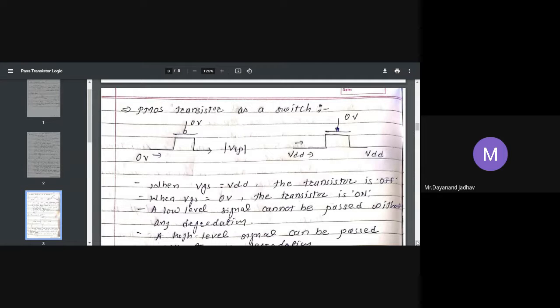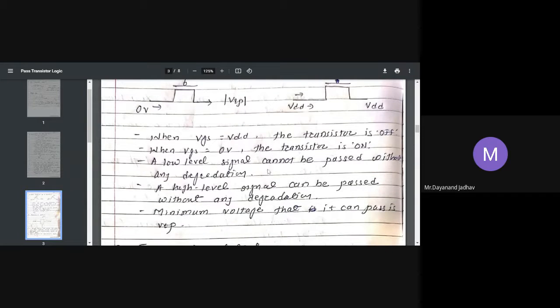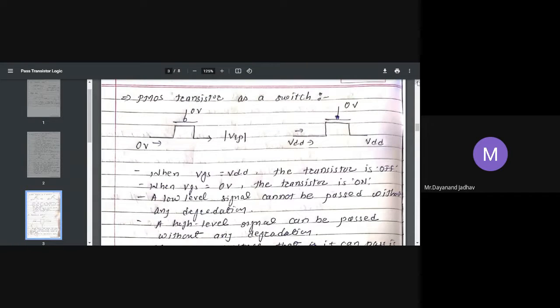In PMOS, a low level signal cannot be passed without degradation. There is a problem when we apply 0 volt to the PMOS; it cannot pass. There is difficulty in passing 0 volt, and the minimum voltage it can pass is VTP.